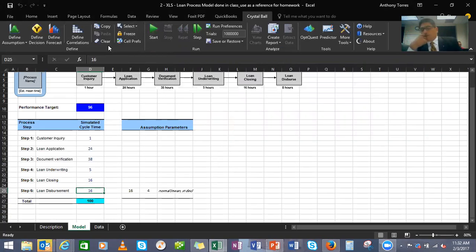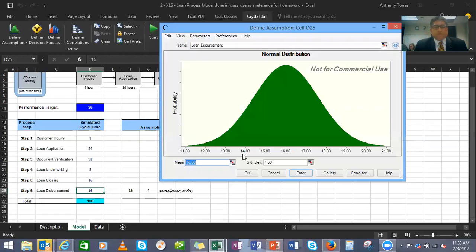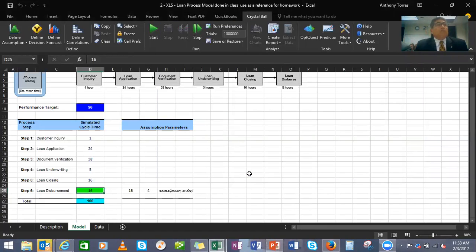In the customer inquiry part, the step could be a phone call. Historical data indicates the cycle time is log normally distributed with a mean of 1 hour, standard deviation of 0.25 hours. Now, log normal distributions are a weird statistical distribution. I suggest you do not use them unless you have a really good reason to.